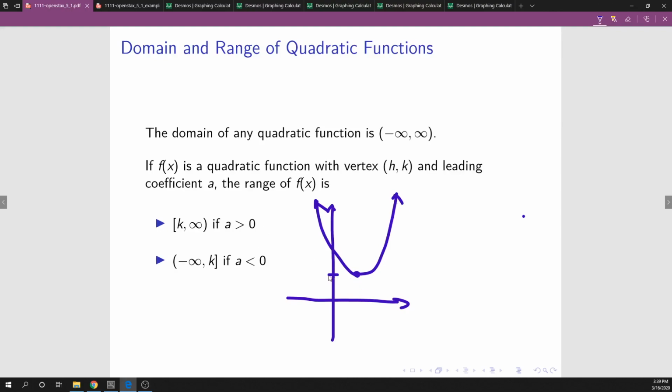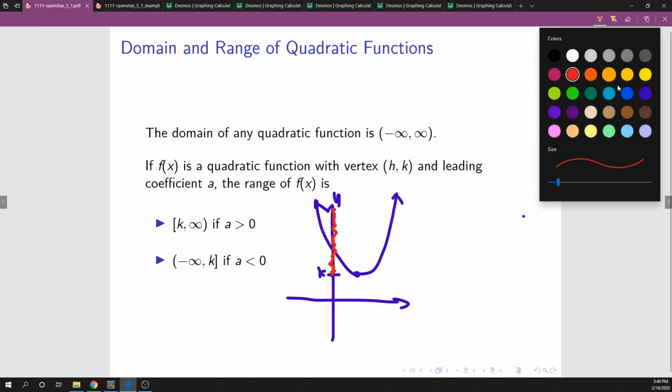That means that if you go right over here to the y-axis, then the range will be everything from k right on up the y-axis here. So this will be the range. All real numbers greater than or equal to k. In interval notation, it would be written like this if the graph opens up.